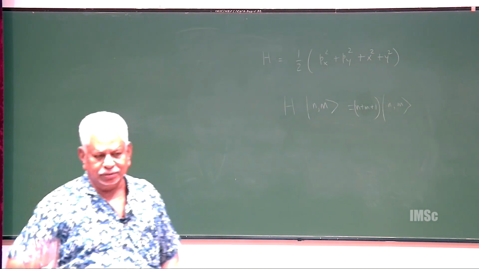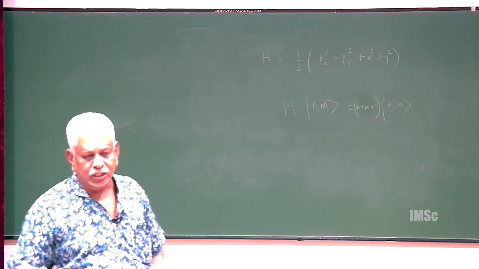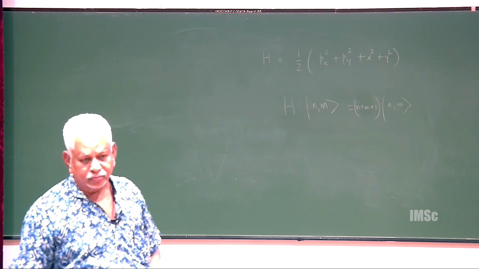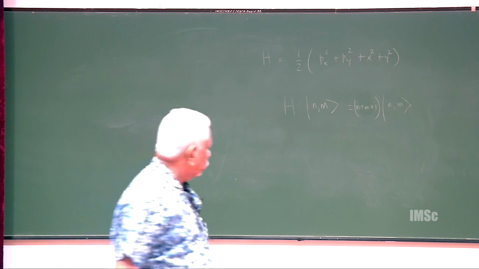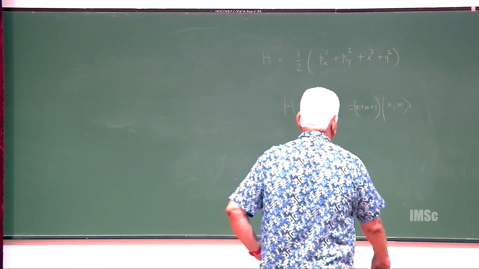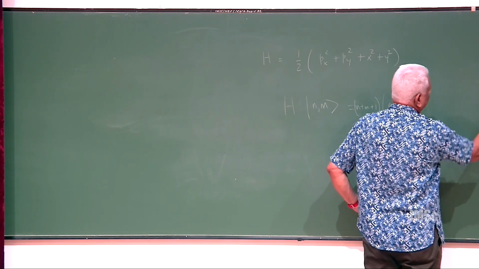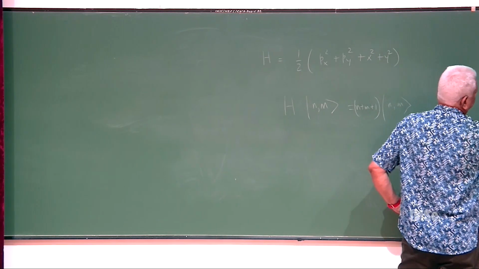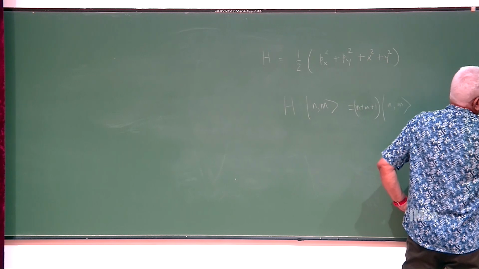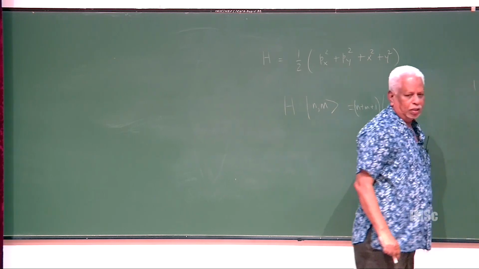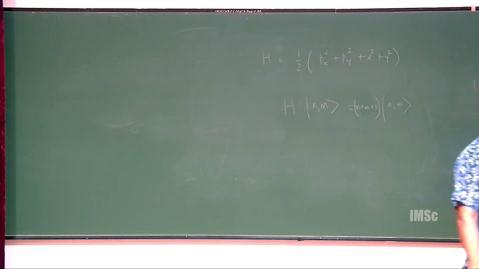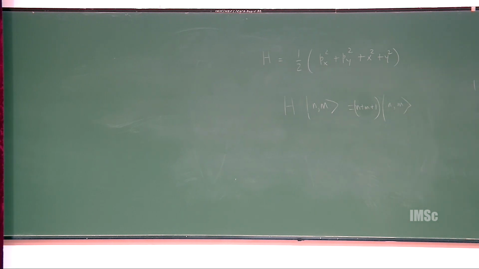What is the next state, higher than 0? You can have n is equal to 1 or m is equal to 1, and the value is 2. Agreed or disagreed?